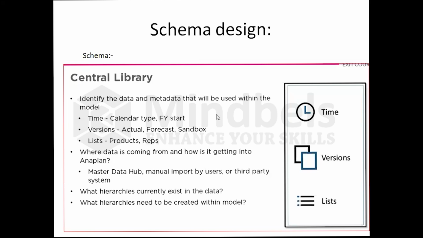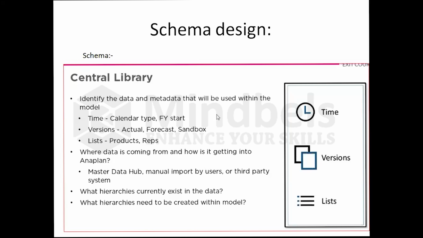Okay. So what I was saying is, you need to identify your central library. What you will identify in your central library is all your time dimension, version, list, right? And then what is the master data hub from where data is coming? What are all the integration systems, from where data is coming and how it is coming? All these things you need to identify in the schema design for the third step, in the central library identification.